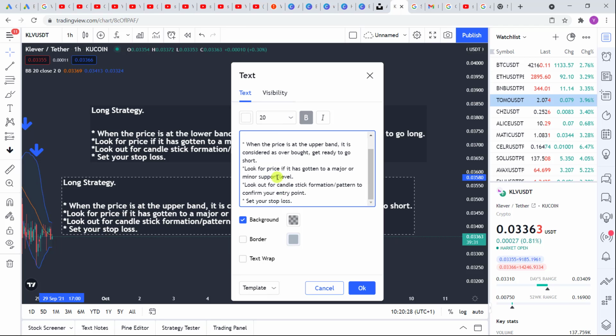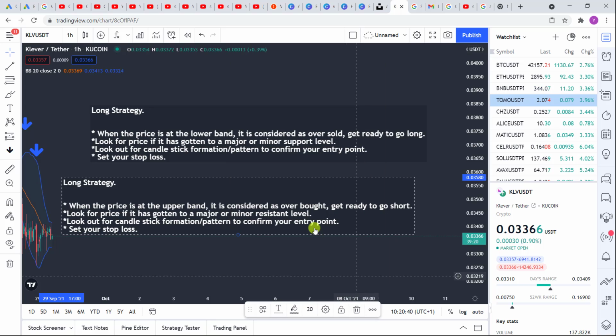Look for a major resistance level. Look out for candlestick formation and just follow the previous process.